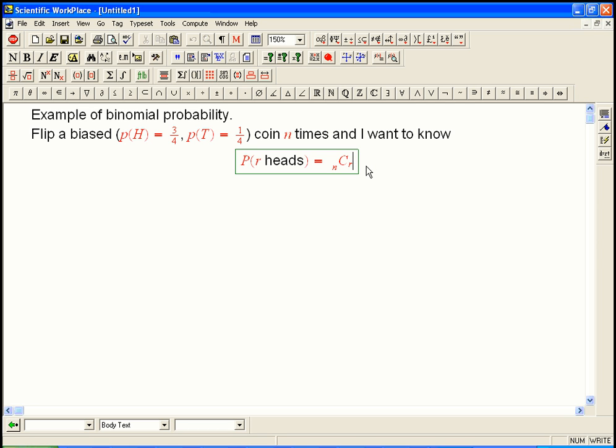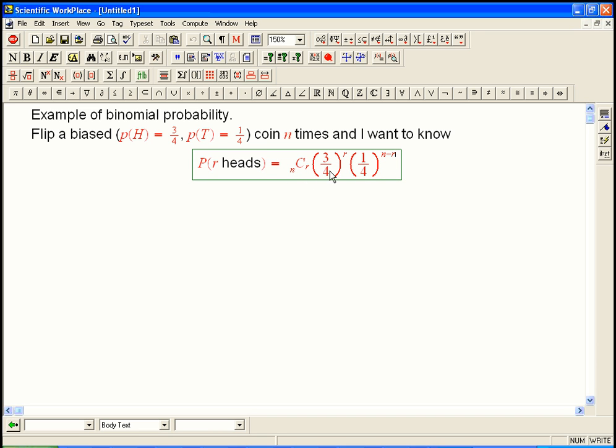But then for each one on the list, we figured out, for example, if it was 2 heads and 2 tails, it was 3/4 squared. Well, in this case, it's going to be R. You're going to multiply that by itself for how probable the R heads part is. But we've also got to keep track of the fact that there's n minus R times it came up tails.